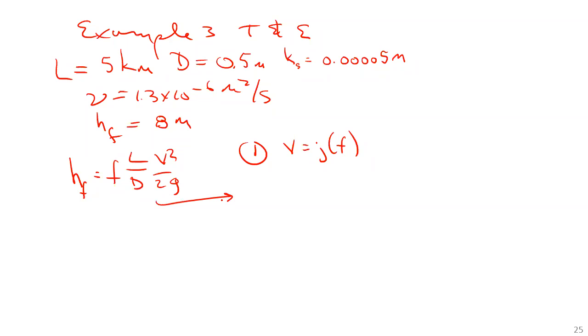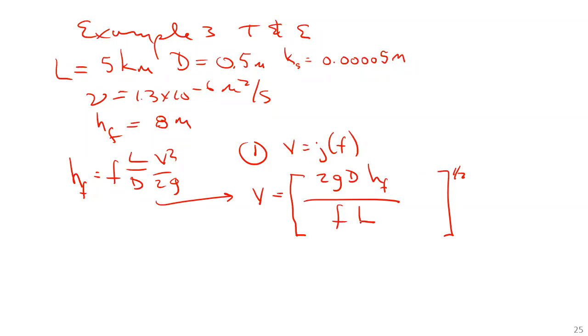So I'm just going to rearrange this equation to solve for velocity. So velocity is going to equal the square root of 2g D h_f divided by friction factor times L.